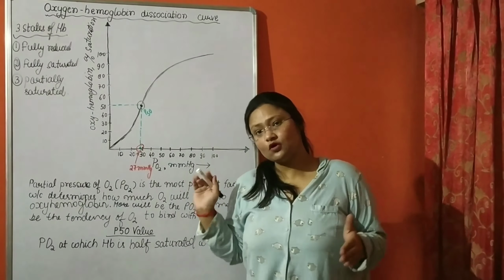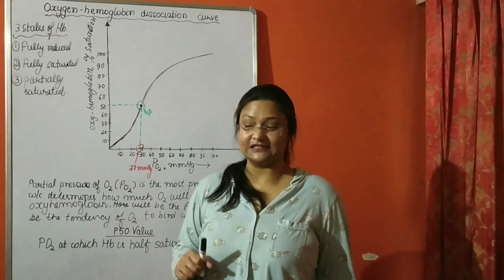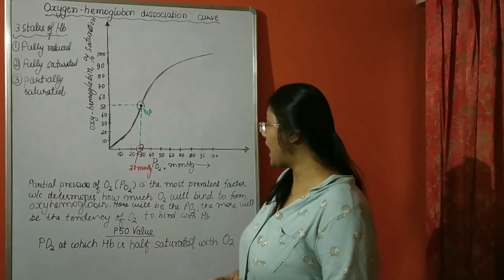Now based on this, let us discuss what the P50 value is. The P50 value is the partial pressure of oxygen at which hemoglobin is half saturated with oxygen. That means out of the 4 heme groups, 2 are occupied by O2 and 2 are not bound with O2.